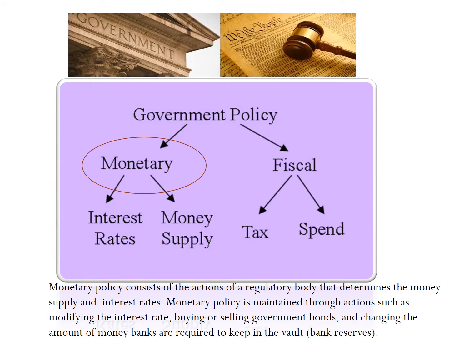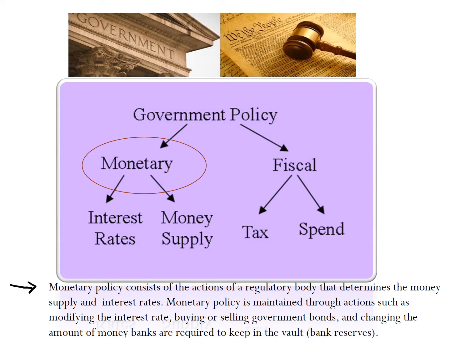Now, like I said, monetary policy revolves around how the government controls the level of economic activity by controlling interest rates and money supply. If we're looking for a formal definition, what you'll find in most textbooks is this: monetary policy consists of the actions of a regulatory body that determines the money supply and interest rates.